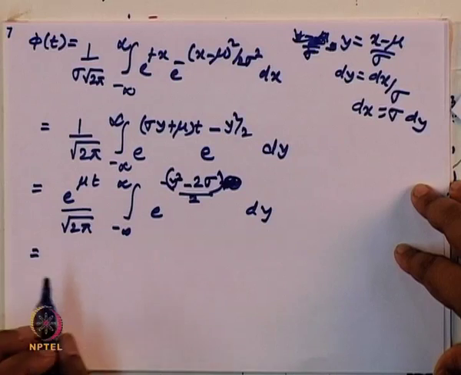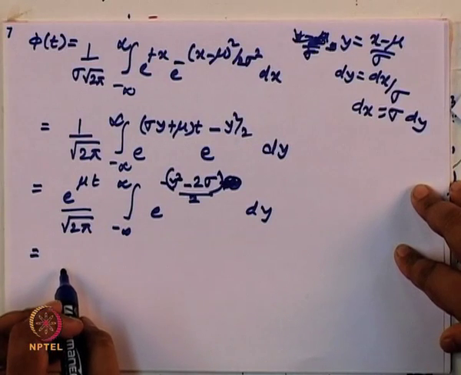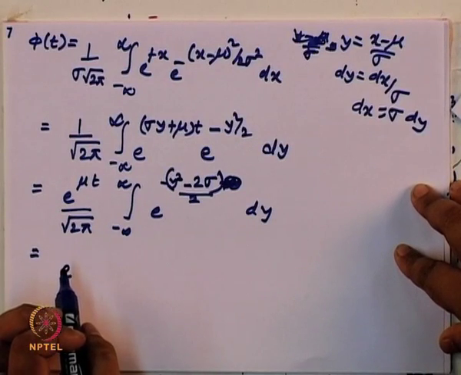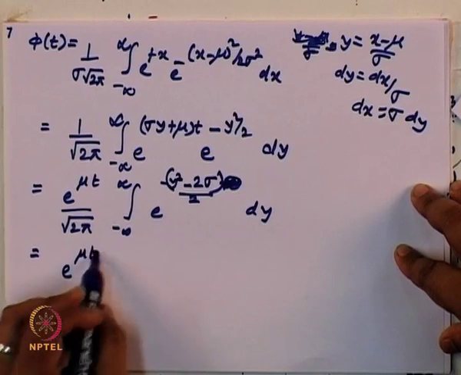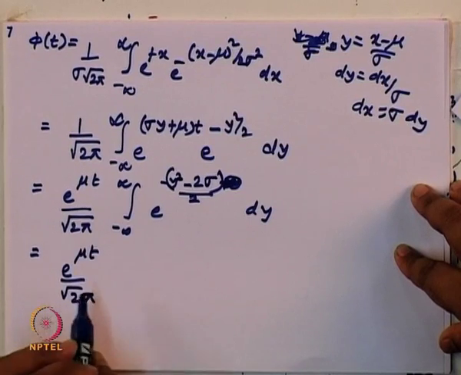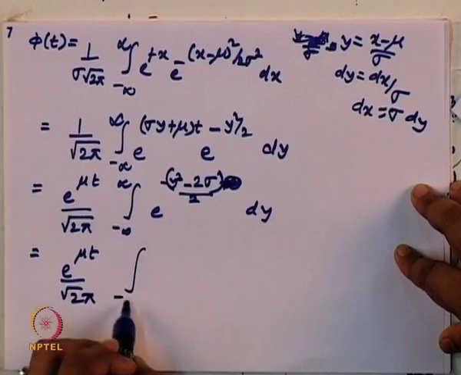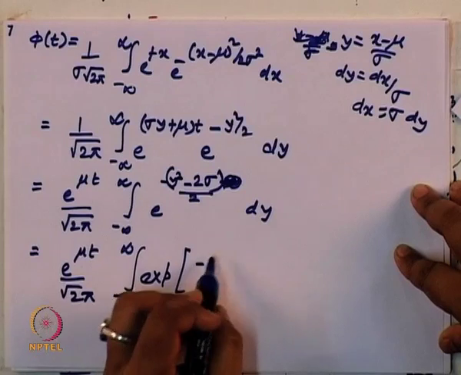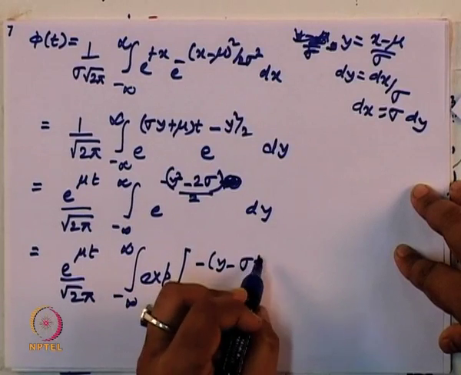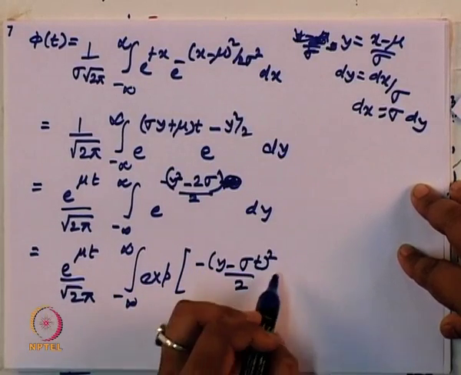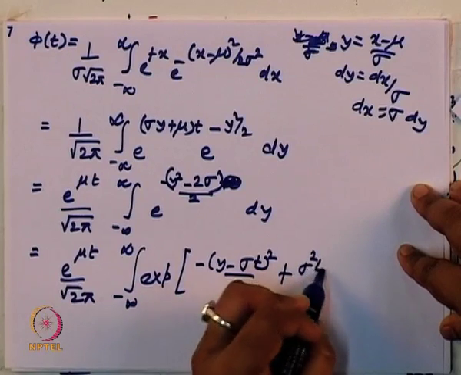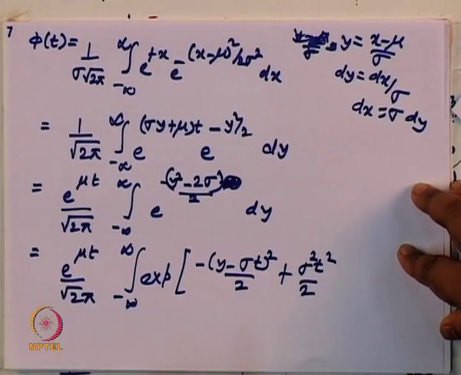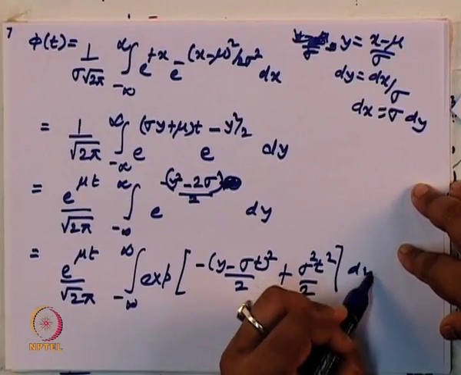So, this I can write as e to the power mu t by root 2 pi, integral from minus infinity to infinity of exponential. Within the exponential I can write it as minus (y minus sigma t) whole square by 2 plus sigma square t square by 2, into dy.